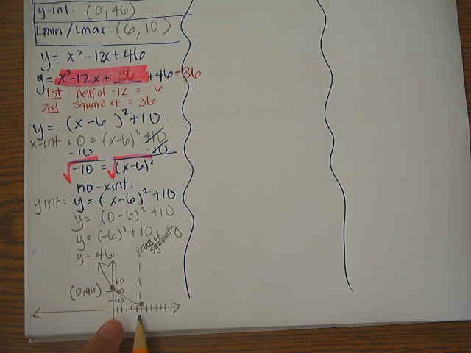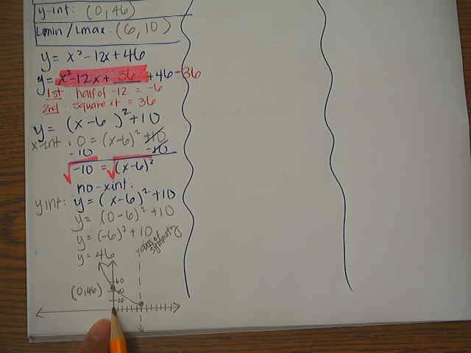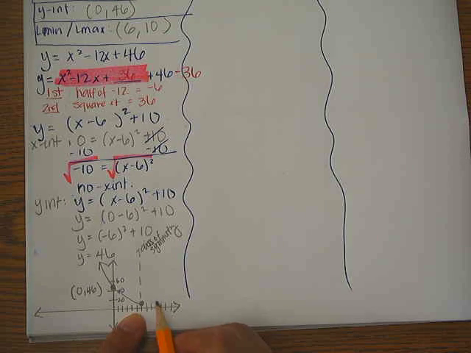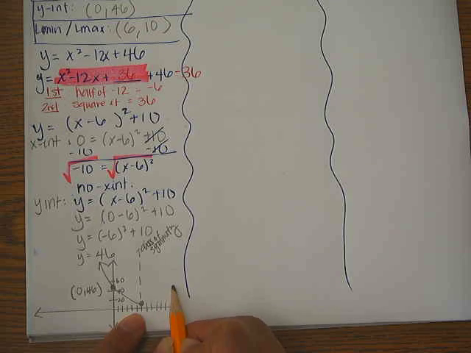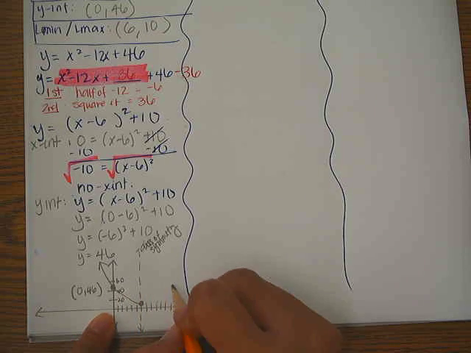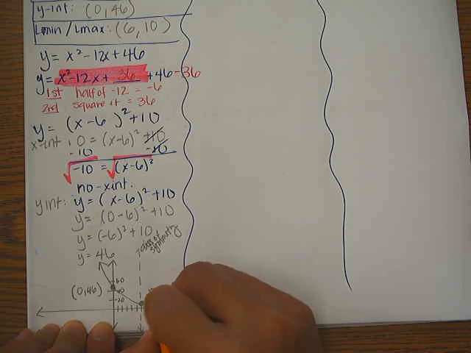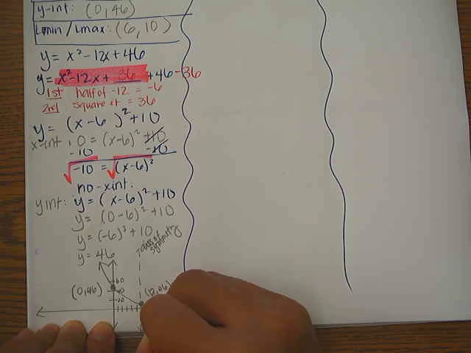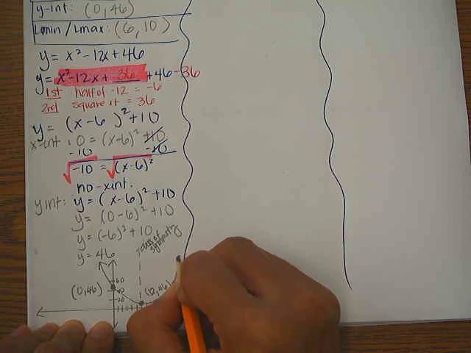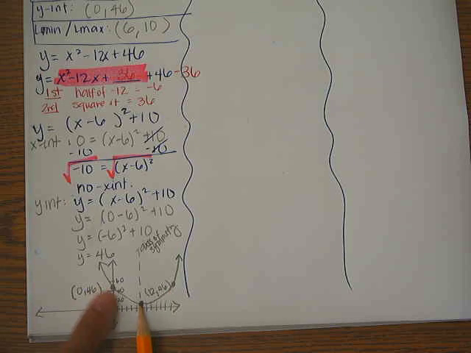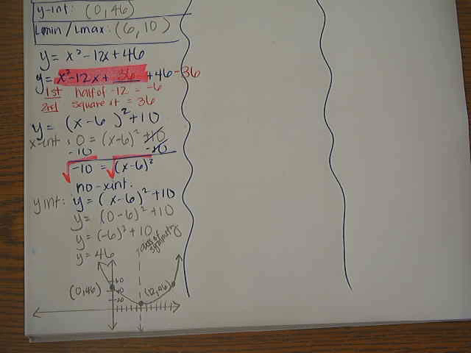So all I have to do is go 6 units on the right, because to get this point, I went 6 units from my vertex. So now I can go 6 units to the right. 1, 2, 3, 4, 5, 6. And go up at 46 again. Okay. So this point is going to be labeled 12, 46 because it needs to be symmetrical. See? So the left and the right need to be equal distance from the vertex.